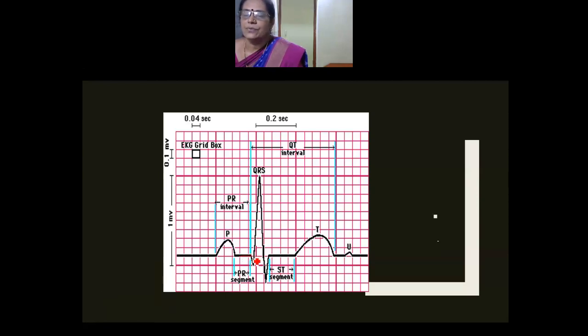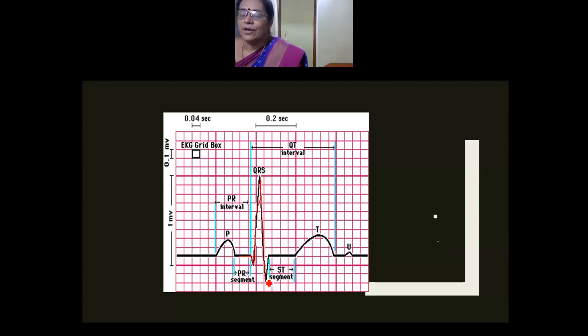This QRS wave, at the start, is in a slightly downward direction. Then it is upwardly directed, sharp and straight. And then it goes down in a downward direction.